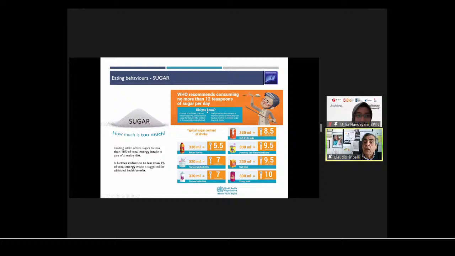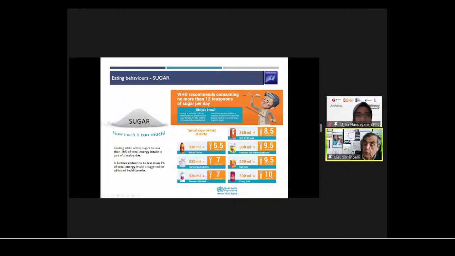Mind that the WHO recommends consuming no more than 12 teaspoons per day. If you drink a Coca-Cola, it's like eating 8.5 teaspoons of sugar. A yogurt drink, it's like 7. But an energy drink has 10.